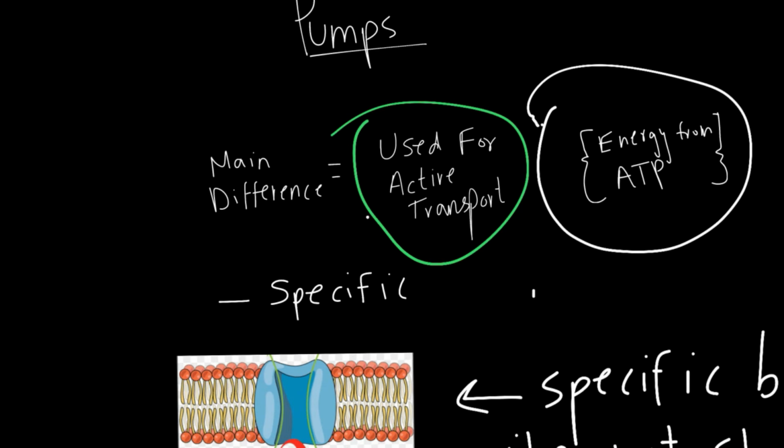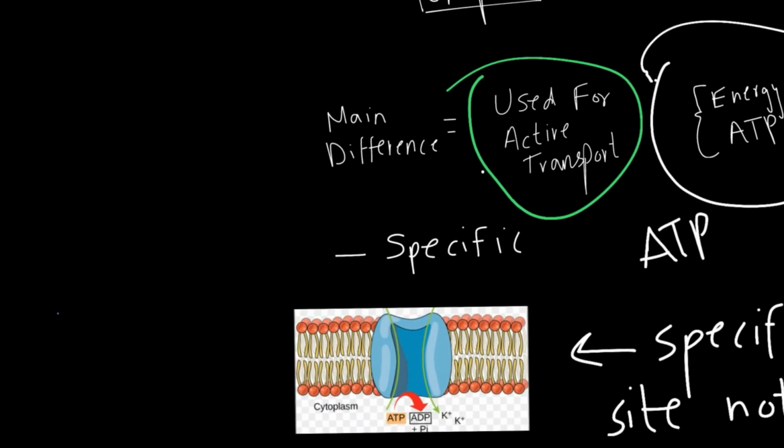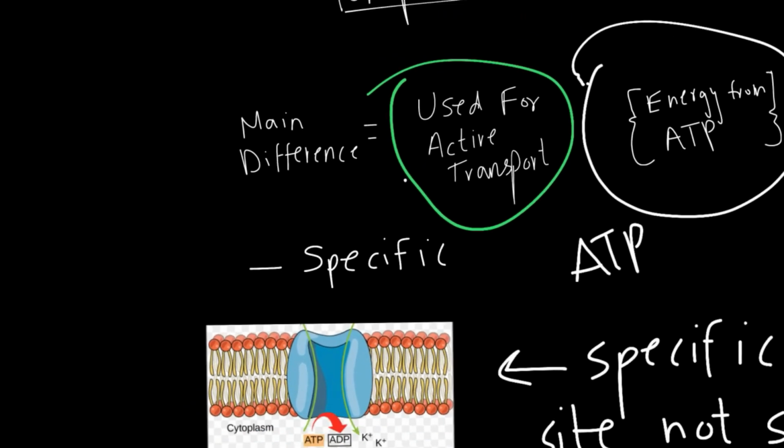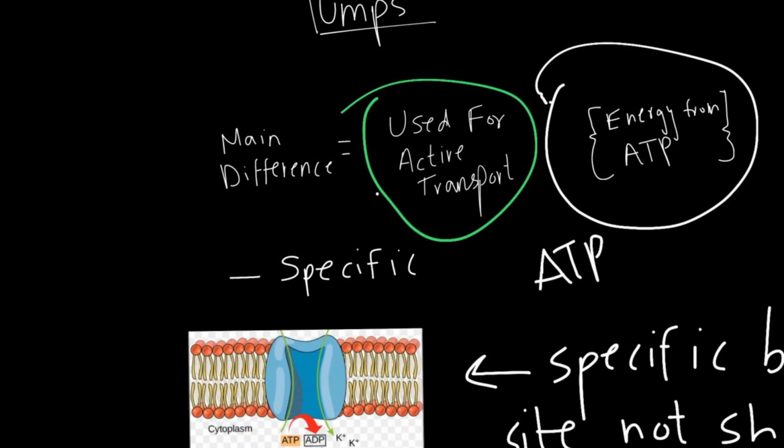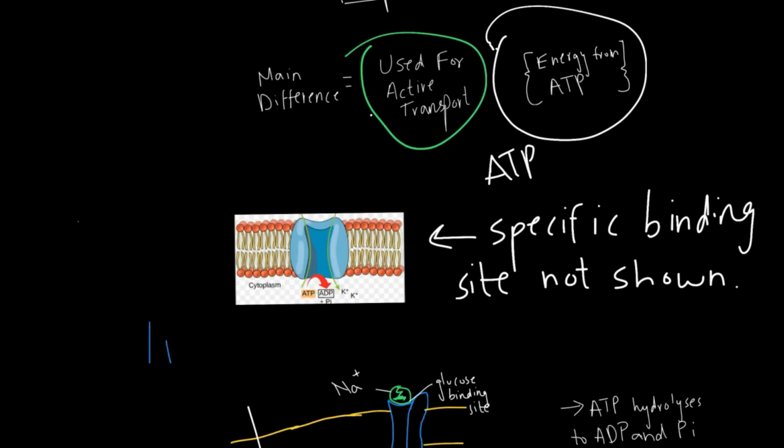It is the currency, as we can say, for energy. ATP, adenosine triphosphate, right? We'll learn about that later on in the future chapters, but for now you need to know that energy comes from ATP. So because it's active, it moves against the concentration gradient.